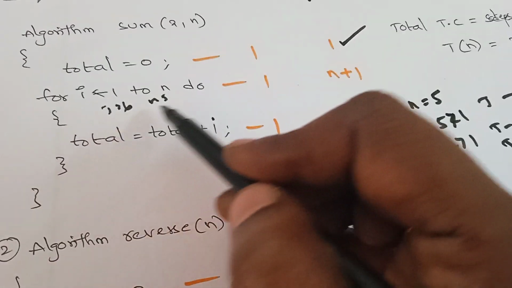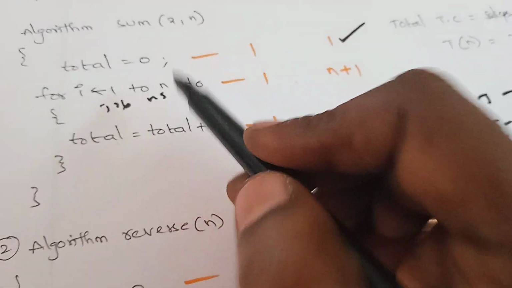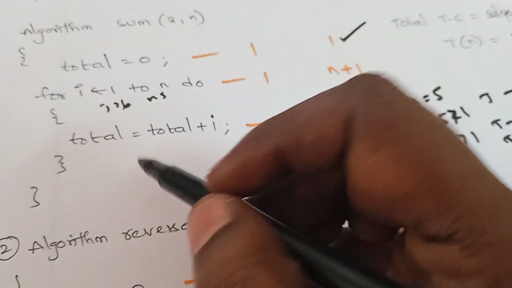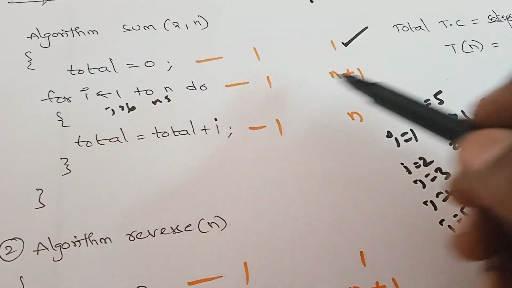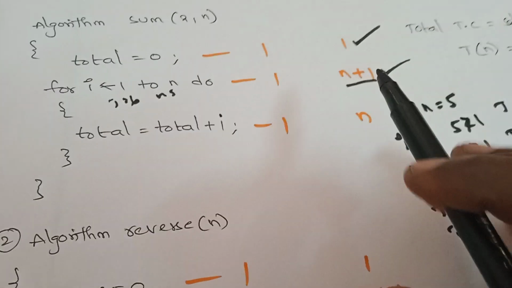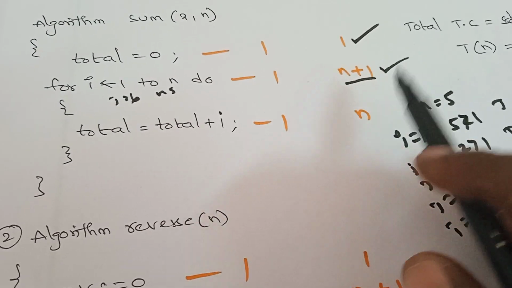So even this statement will be compared, and when it fails, the body of the loop will not get executed. Are you following? Now the total comparisons are n plus 1 for the loop.